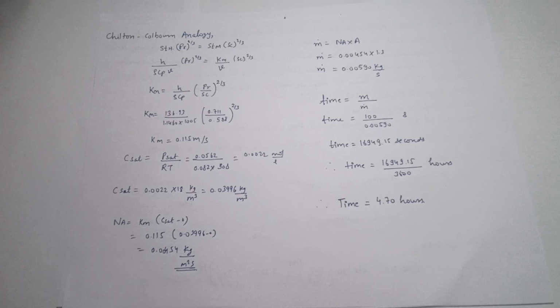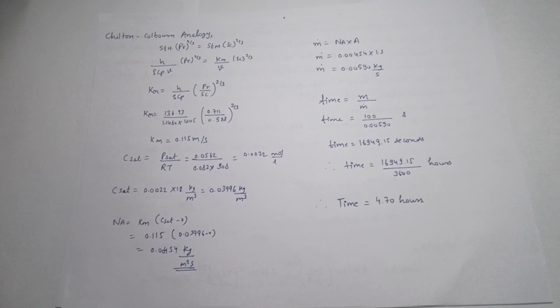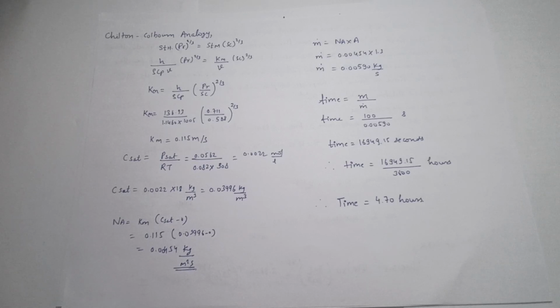With all the given data, Km equals 136.93, the value of H, divided by rho, which is 1.1460, multiplied by Cp, which is 1005, and Prandtl number 0.71 and Schmidt number 0.588.